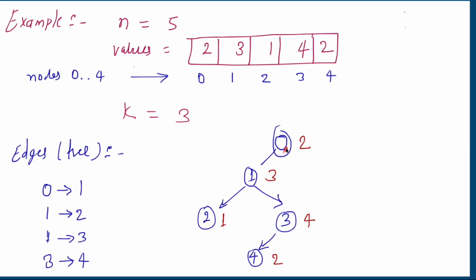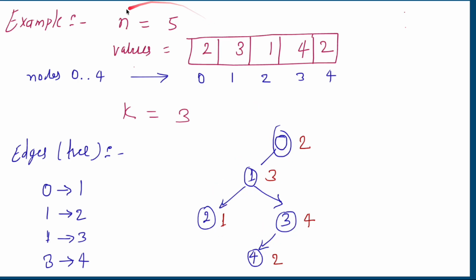Then it is connected to the second node, whose value is 3, and similarly we connect 1 to 2, 1 to 3, and 3 to 4. So all the nodes are represented like this, and we are also given k equal to 3. What are the edges in the tree? The edges are 0 to 1, 1 to 2, 1 to 3 and 3 to 4, meaning 0 1, 1 2, 1 3, 3 4. This is what we have been given.